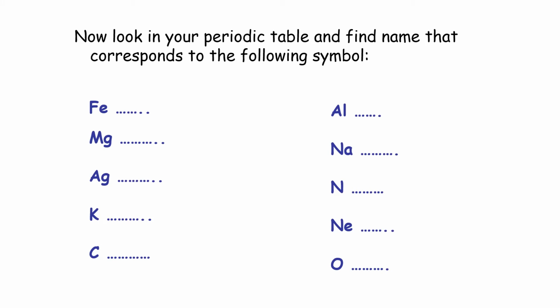Now look in your periodic table and find the name that corresponds to the following symbol. Fe for iron, Mg for magnesium, Ag for silver, K for potassium, C for carbon, Al for aluminum, Na for sodium, N for nitrogen, Ne for neon, and O for oxygen.